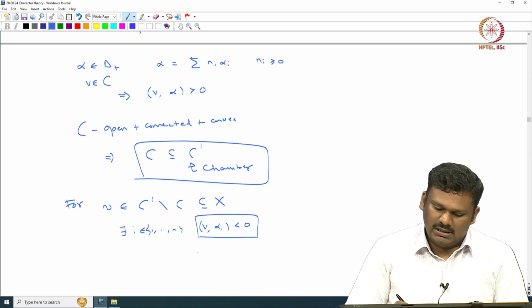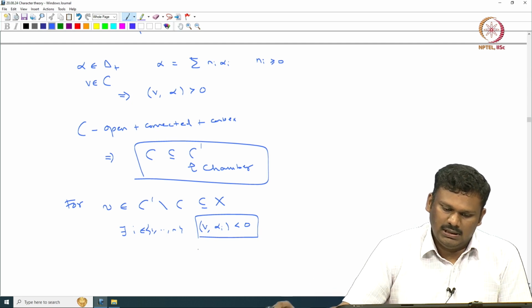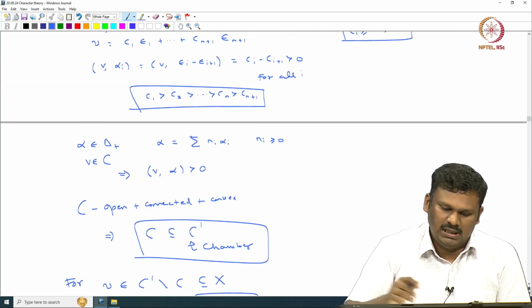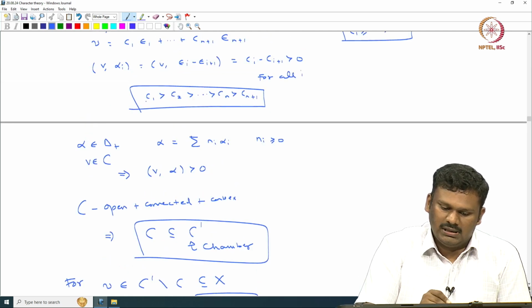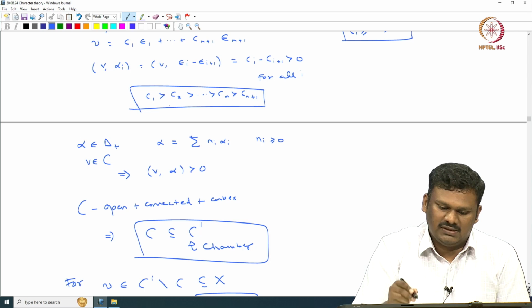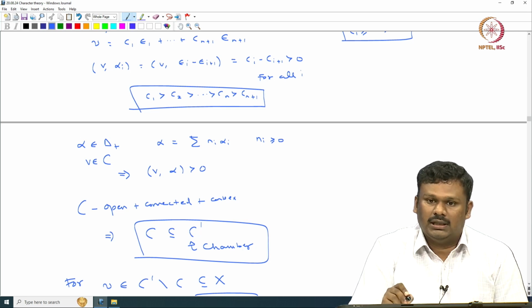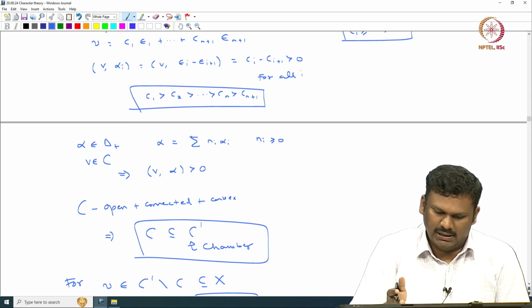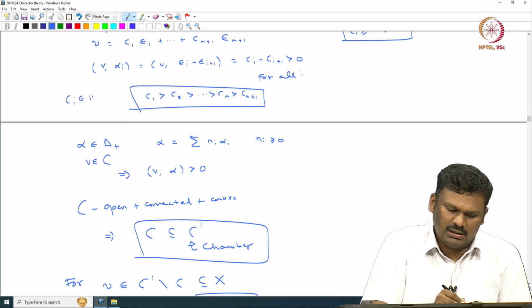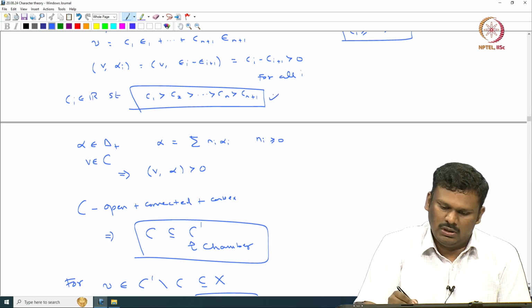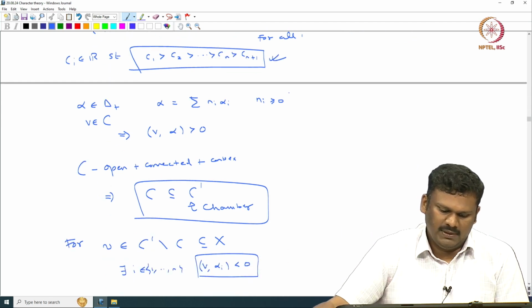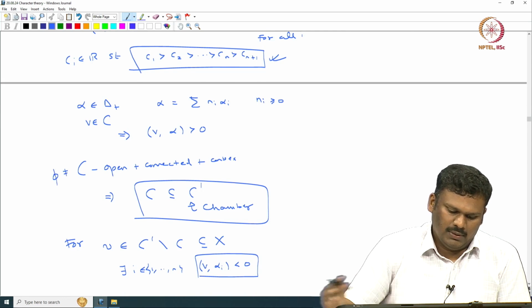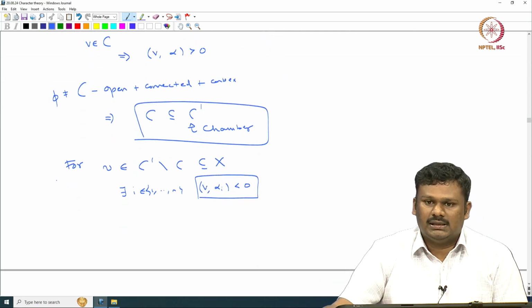Then this is a contradiction, because C is indeed non-empty: C is given by all these c1 etcetera c(n+1) which satisfy the inequality c1 greater than etcetera greater than c(n+1). You can take any real numbers like this, so the c i's are reals such that this inequality is satisfied. That means C is non-empty, but we know that if 2 points lie in the same chamber, they must lie on the same side of the hyperplane.